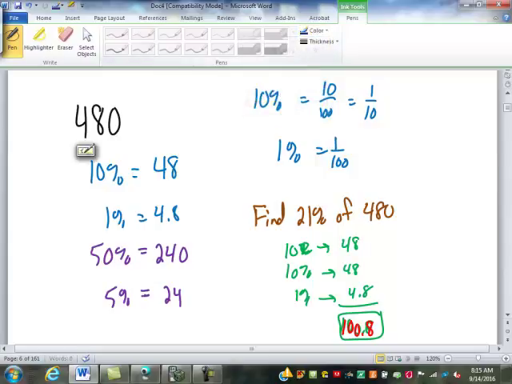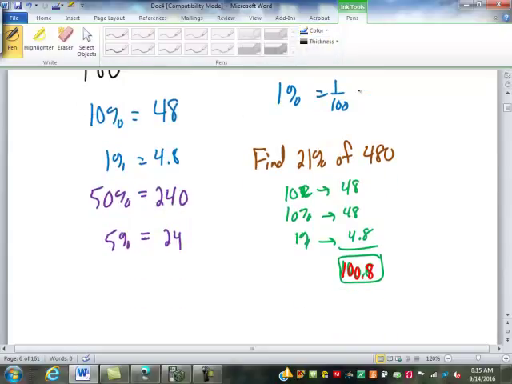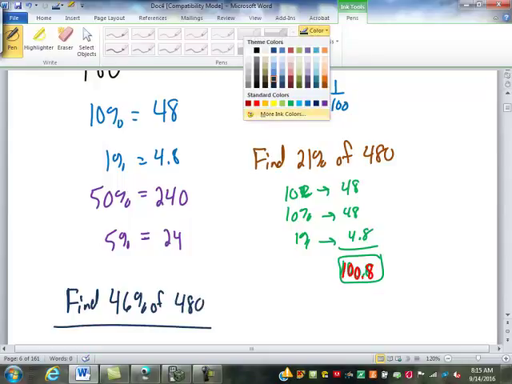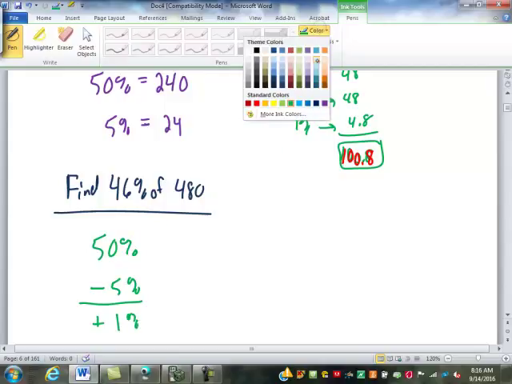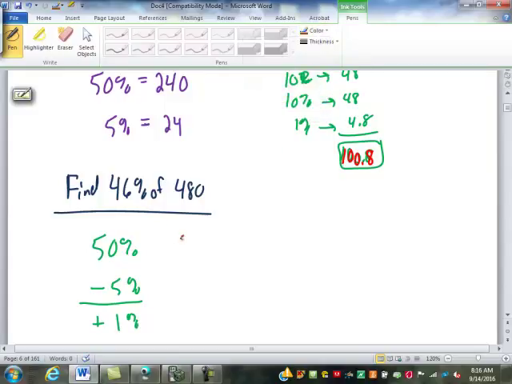So what if I ask you to find 46% of 480? Well, 46% is going to be a little more complex. I'm going to do 50% minus 5%. What would that be? 45. And then add 1% to get to the 46. So 50% is 240.